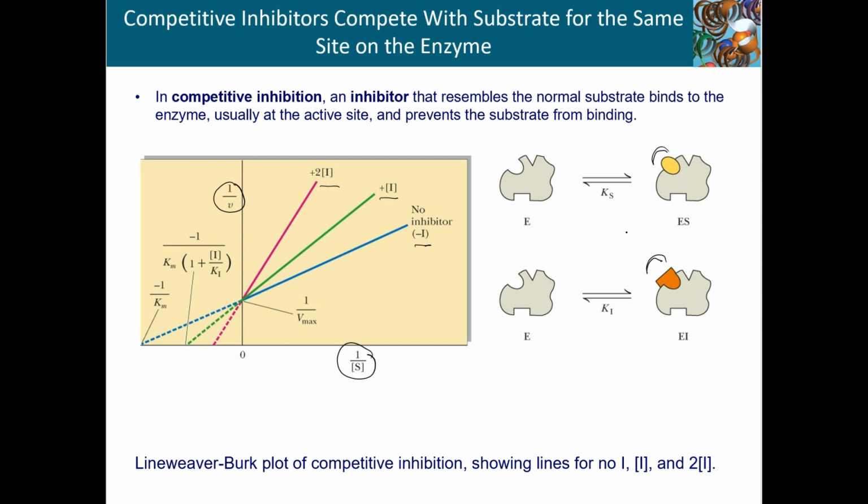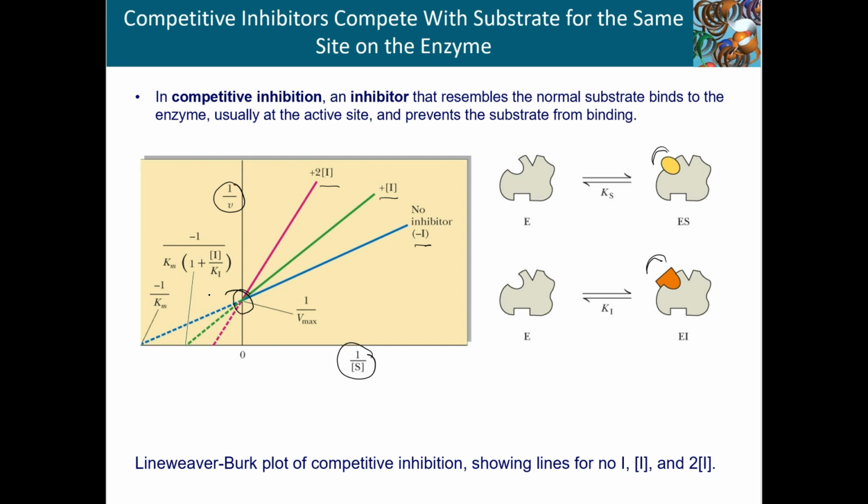Now, what's important to note is that in competitive inhibition, there's no change to Vmax. Vmax doesn't change. Just because a substrate doesn't have access to the binding site doesn't mean the maximum rate of reaction couldn't be achieved by adding much more substrate.